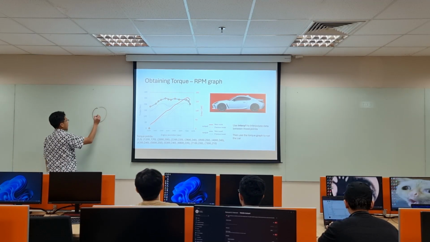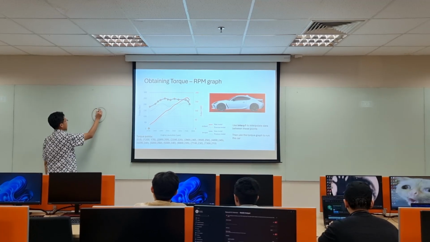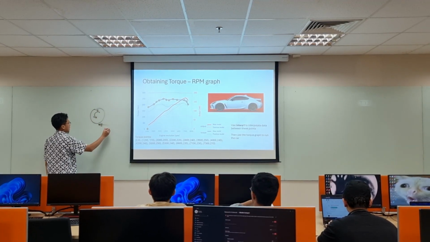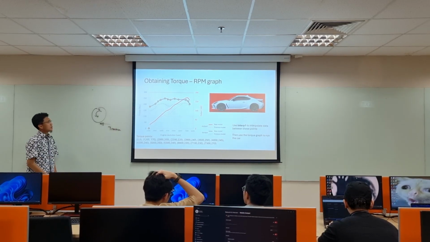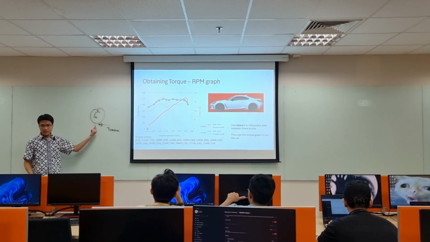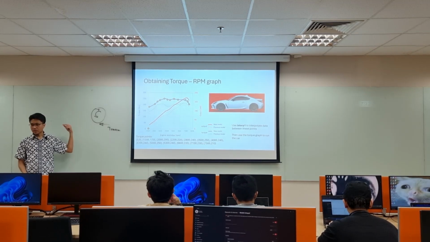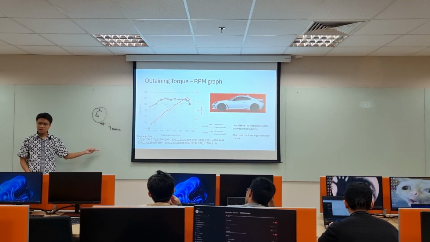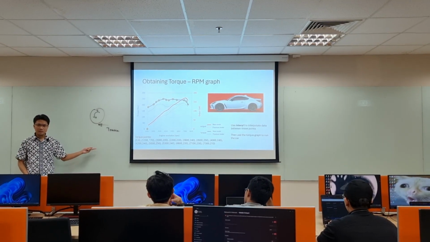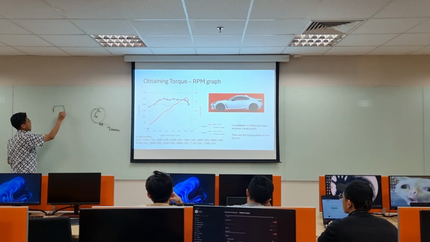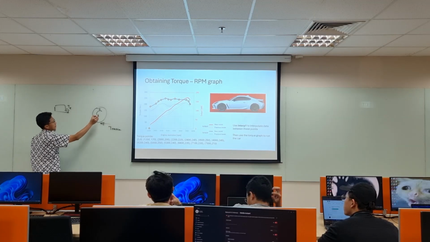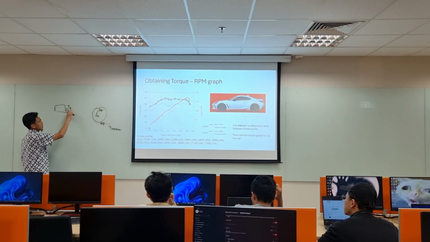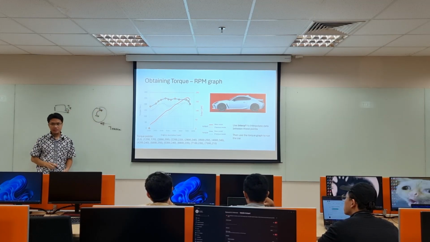So when you have a torque in here, that's the torque, and this is the traction, let's say. This is the torque at the wheel, not at the engine. Torque at the wheel and at the engine, are they the same or different? You have the engine here, and the engine gives a torque.